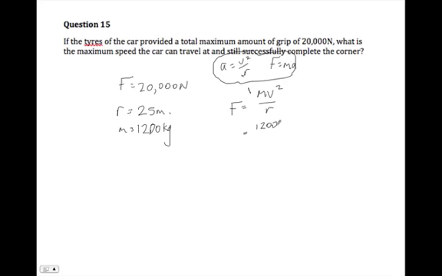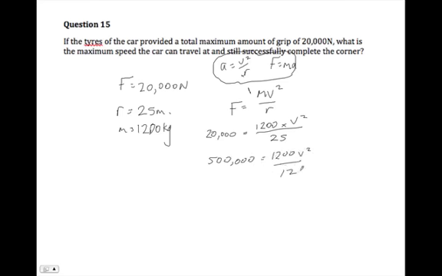So mass is 1,200 kilos times v squared. That's the maximum speed we can go around this corner when we have 20 kilonewtons of grip available to us, and the radius is 25. 20,000 times 25 is 500,000 equals 1,200 v squared.